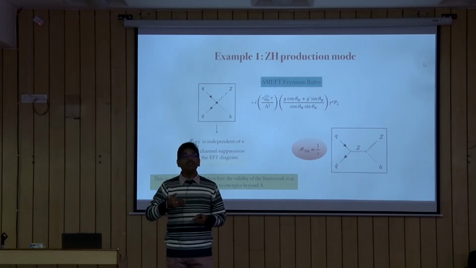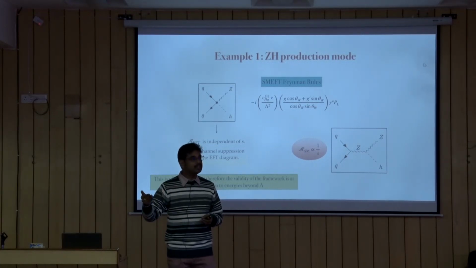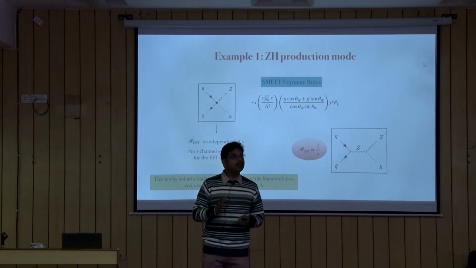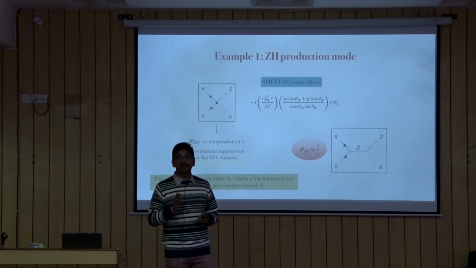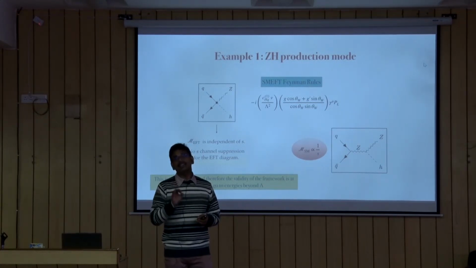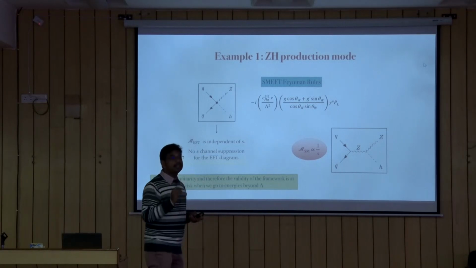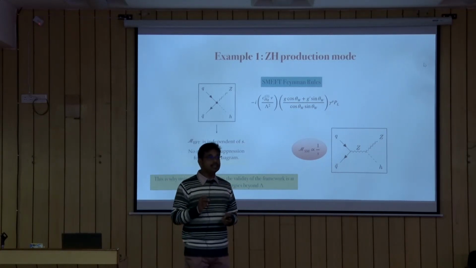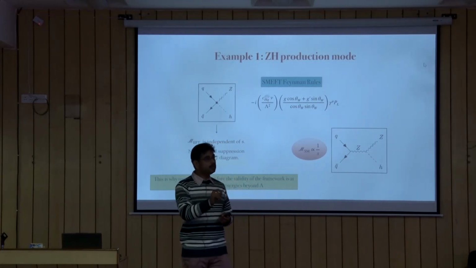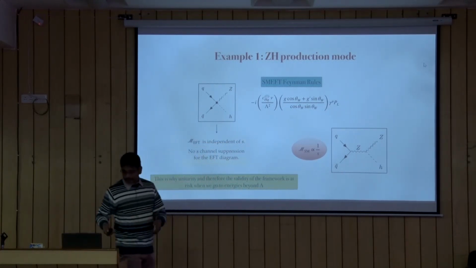Particularly if you go beyond the effective theory limit, this can give you a violation of unitarity. So therefore, it is important that when you take such contributions into your calculation, you must obey the effective field theory limit. What that effective field theory limit is in the context of Higgs production at the LHC, we will talk about in a moment.